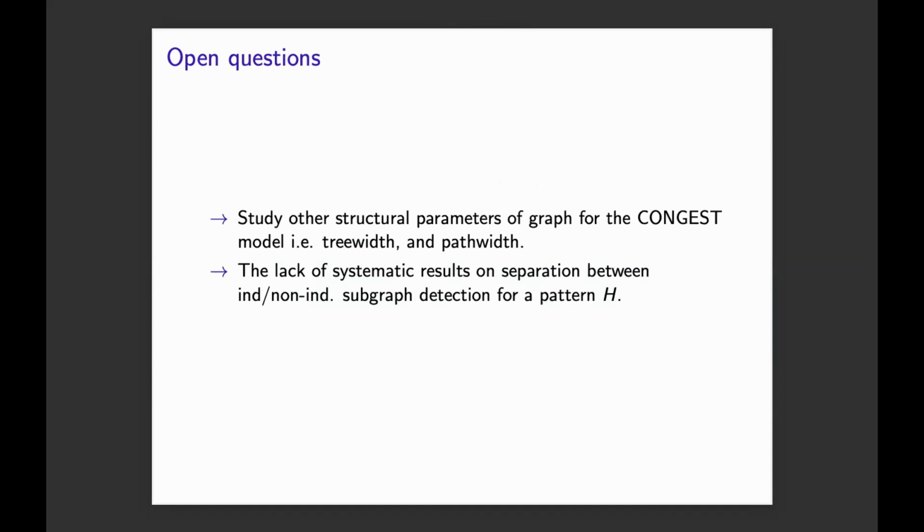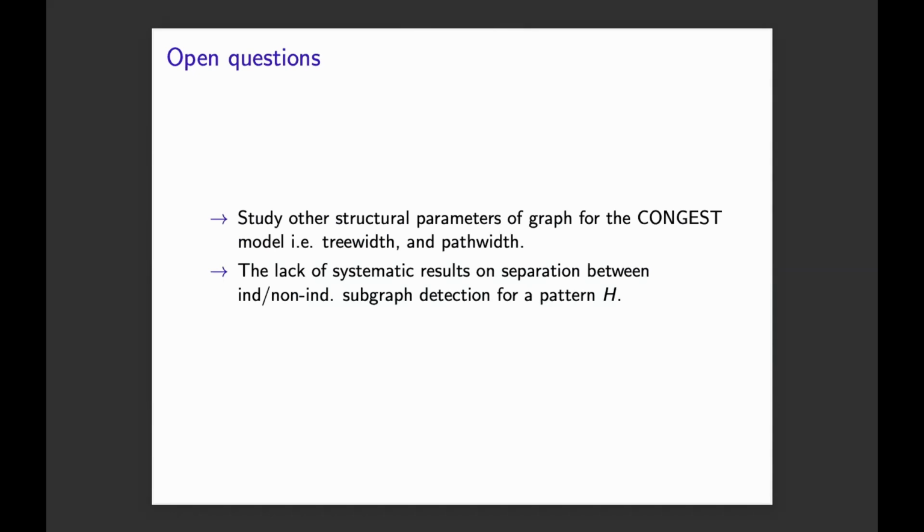So in the case of open questions, a natural question that can be asked is about other parameters. Vertex cover has been studied very well in the distributed case, but there are other parameters like tree width and path width with less study.